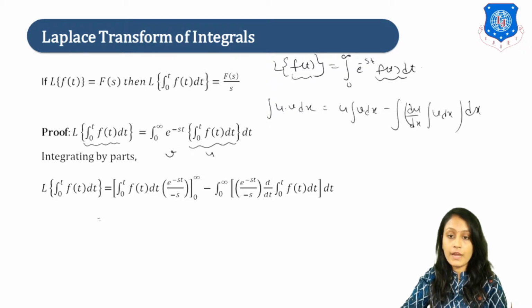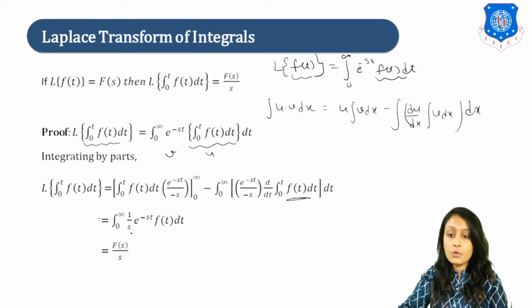Now again we have to find du by dt and the integral of v dt, which is e raised to minus st upon minus s. If we substitute the upper limit, e raised to minus infinity becomes 0, and on substituting 0 it also becomes 0, so this portion is gone. We have only the integral from 0 to infinity of e raised to minus st upon s times f(t) dt. The two minus signs get cancelled, so we have only f(t) dt.